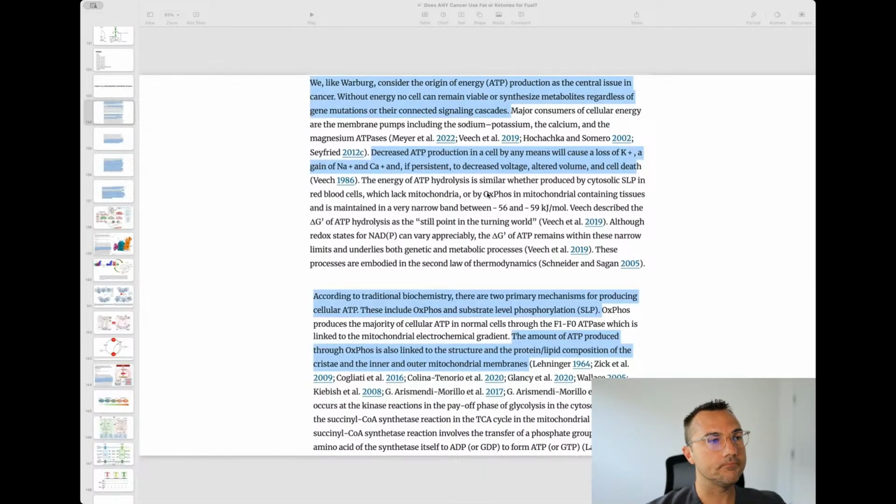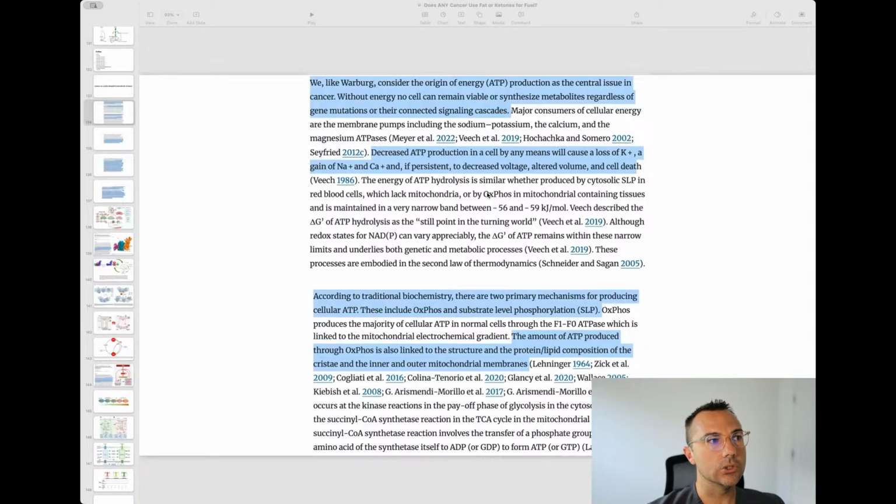It's going to collapse. Going further, it says decreased ATP production in a cell by any means will cause the loss of potassium and gain of sodium and calcium, and if persistent, decreased voltage, altered volume, and cell death. So what he's talking about here is the sodium potassium ATPase, and it runs on, as you would imagine, ATP.